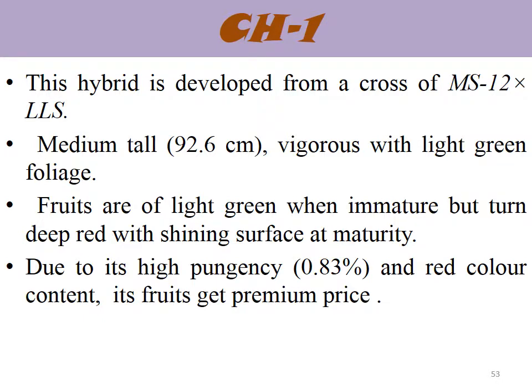CH1 is a popular hybrid developed from MS12 into LSS. It is medium tall with light green foliage. Fruits are light green when immature but turn deep red with a shining surface at maturity. Due to its high pungency, that is 0.83%, and red color, its fruits get a premium price.